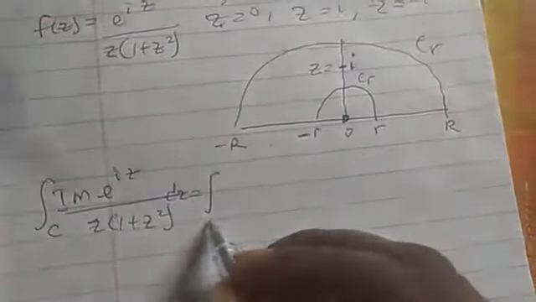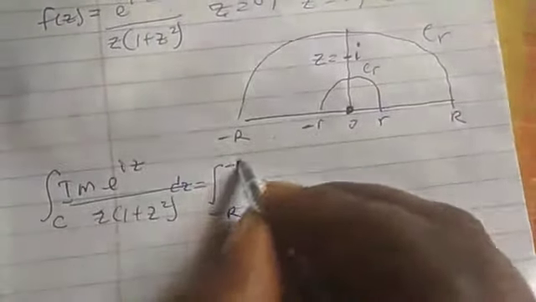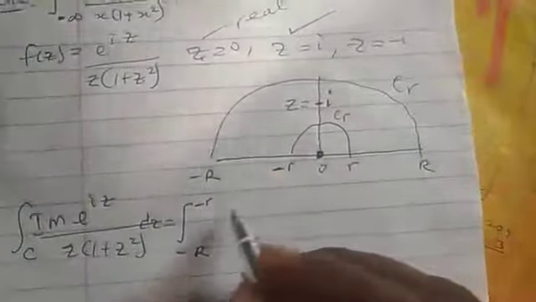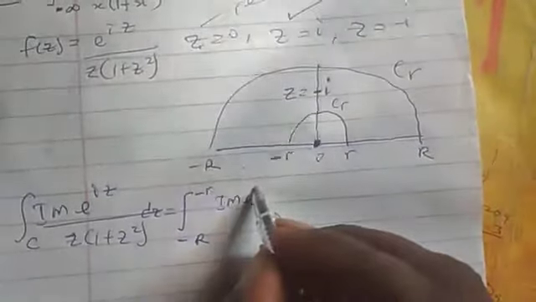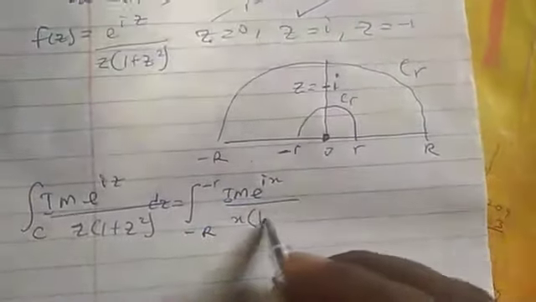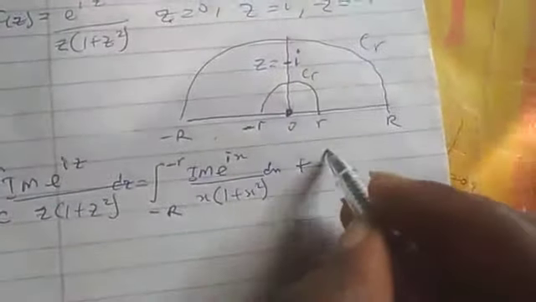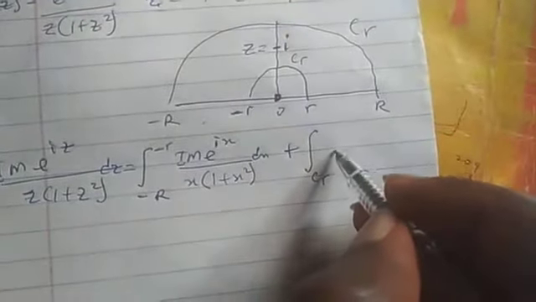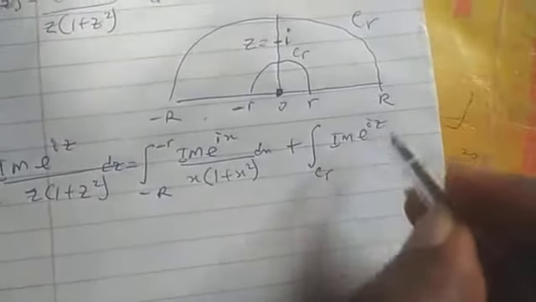So along this we have minus big R to minus small r, the imaginary part of exponential ix over x into 1 plus x squared dx, plus this one is C small r, the imaginary part of exponential iz.